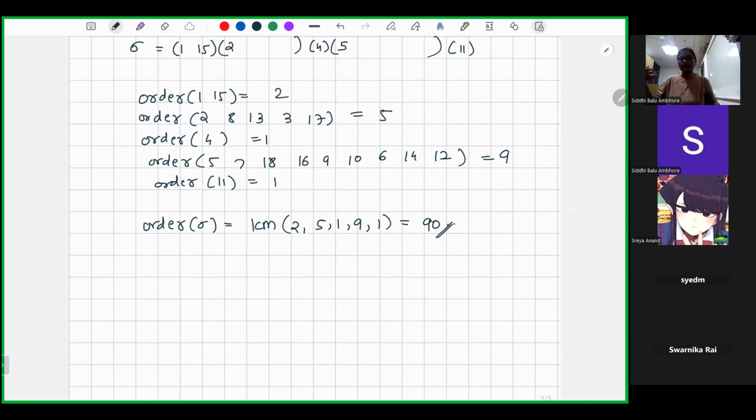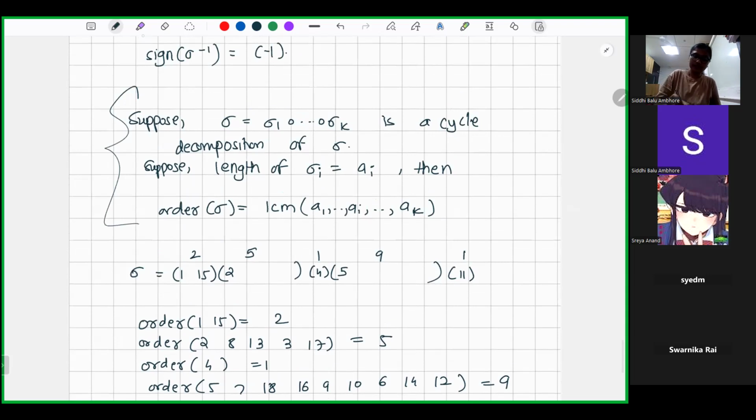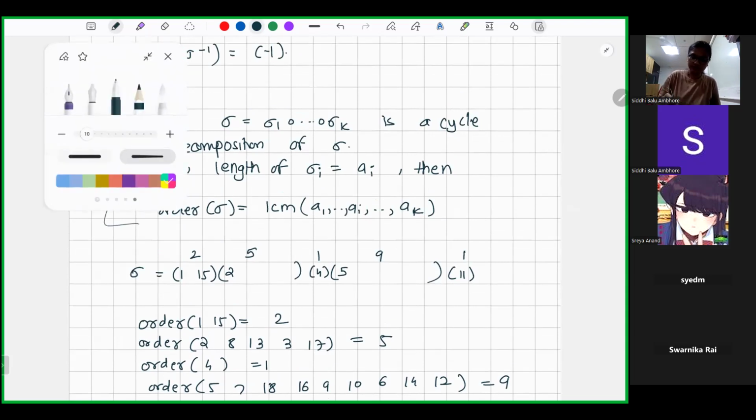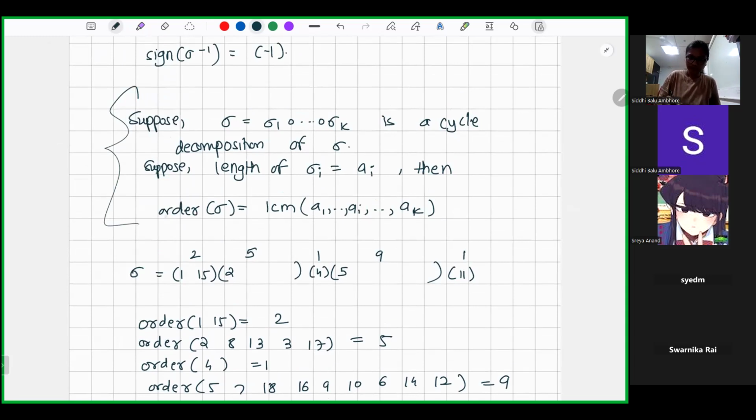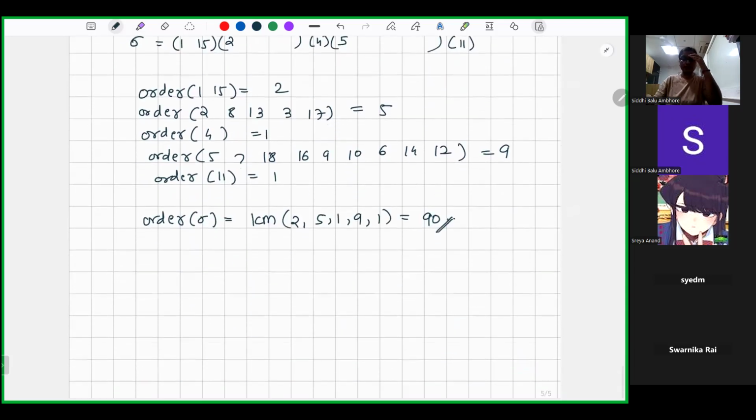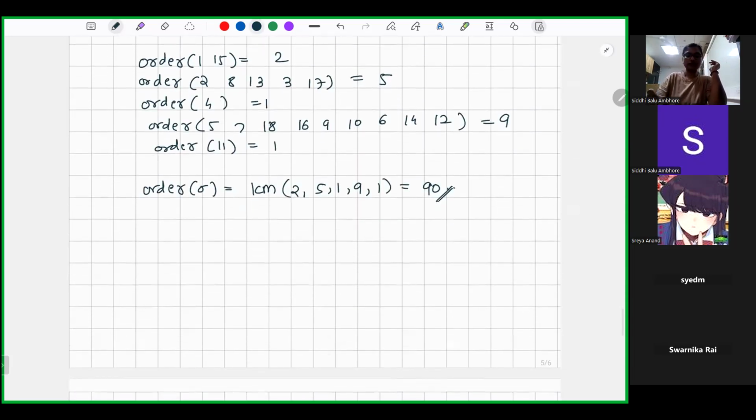So what it means is that I have to multiply sigma 90 times to get the identity permutation. This order is the same as the group order of sigma under composition. I hope that's clear.